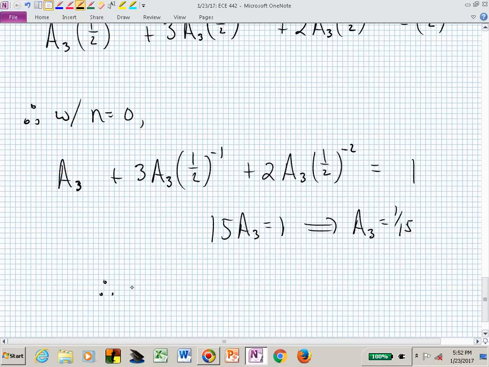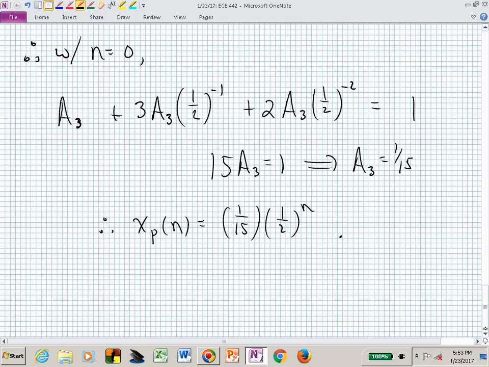And now I know what my particular solution is. It's now 1/15 times 1/2 to the n. That's my particular solution for that given linear difference equation. What's my complete solution?